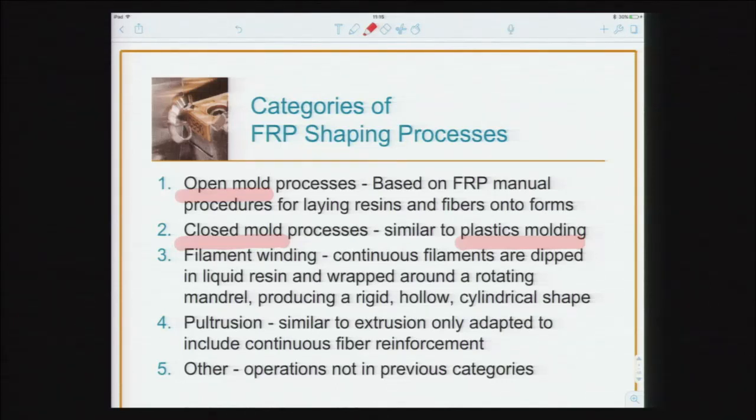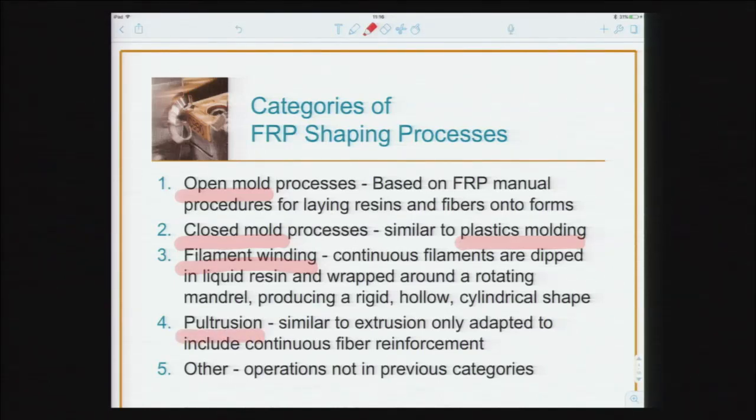These 3 molding processes use a closed mold to form the shape of the part. The third category is filament winding. You know filament, right? Filament is continuous fiber. So you use continuous fiber or continuous filaments in order to make the part. Details of these categories will be explained later.